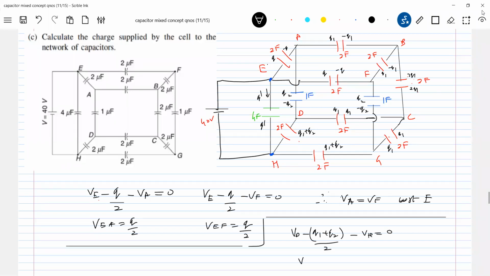And other side, VG minus Q2 by 2 minus VH equal to 0. So therefore, what you can write? VD equal to VG with respect to H. So what we have got now: A and F are at same potential, D and G are at same potential. There are no capacitances directly connected between them. So you can then make them as common points and redraw the circuit. You get the required answer.